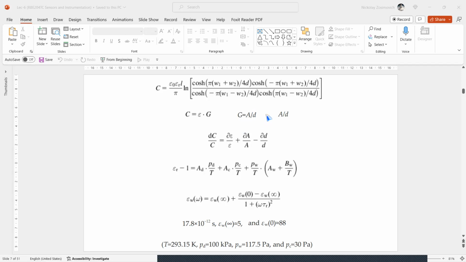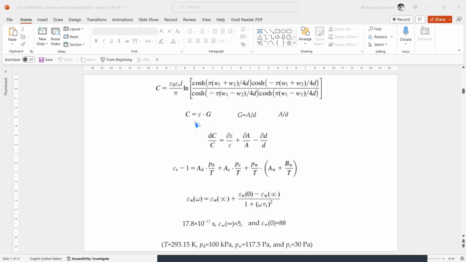When the plates have finite dimensions, as for instance for this structure, G can still be approximated by simply A over d. We will discuss the conditions for these approximations a bit later. Most capacitive sensors for mechatronic applications are based on changes in the geometric factor G, thereby assuming a constant value of epsilon.